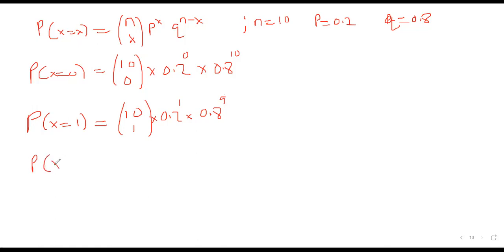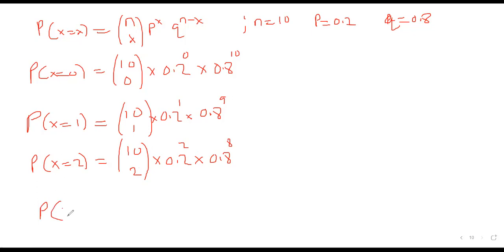The ladies help me. X is equal to 2. What are we going to write here? It will be 10 combination 2. Correct. Then here we're going to put 0.2 times 0.8. Where does the 2 go? The 2 goes on 0.2, correct. And here on the 0.8, what do we put? 8, correct, because of the difference between these two.